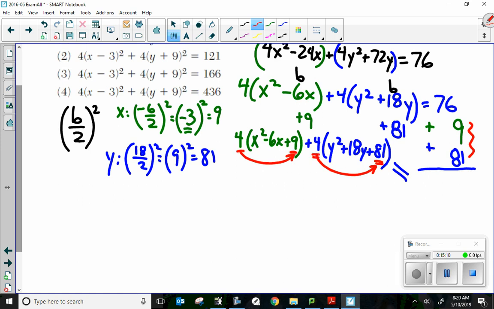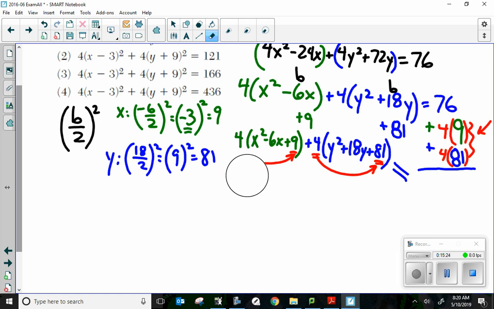My 9 is being multiplied by 4 here. I'm not multiplying by 4 here, so it's not going to be balanced. So I need to multiply these numbers by 4 and get that total. You absolutely have to do that, because that's the balance we need to keep life good and black holes from opening up right next to Earth.